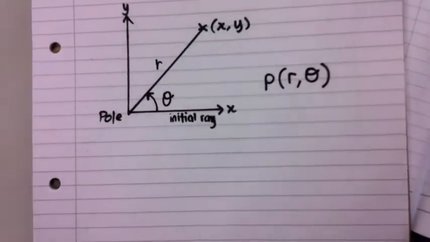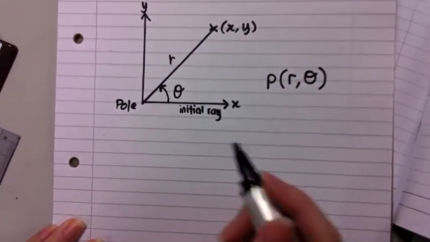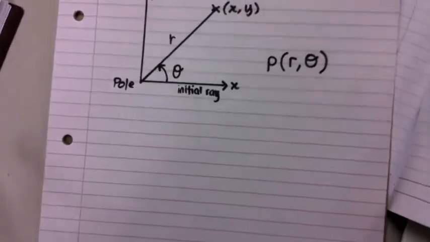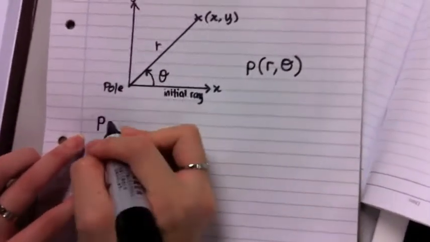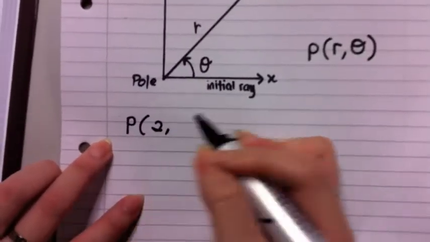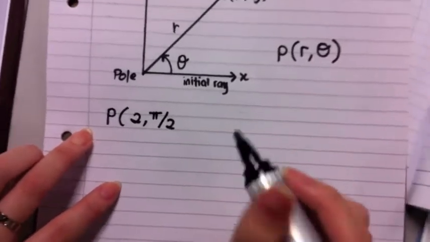There are four ways to write polar coordinates, given a question like P with r being 2, theta being pi over 2.